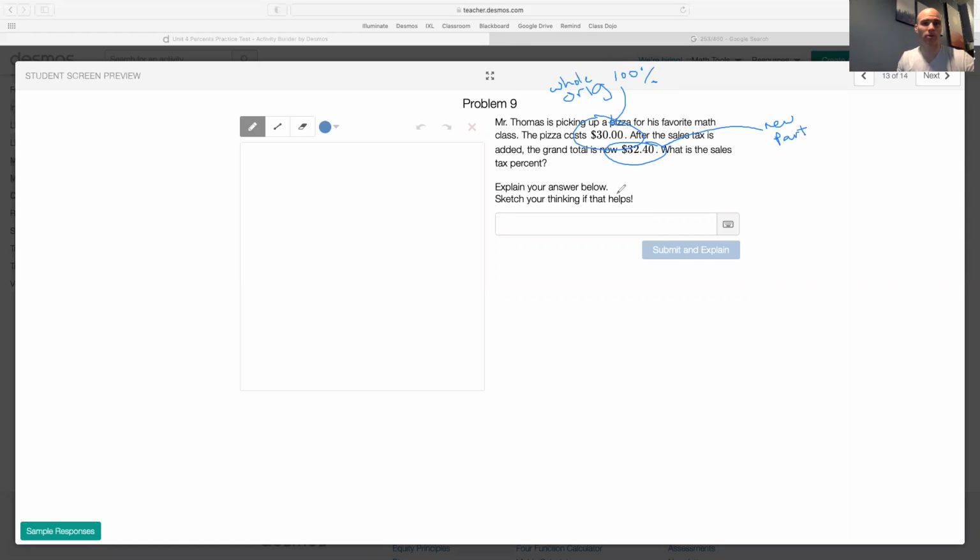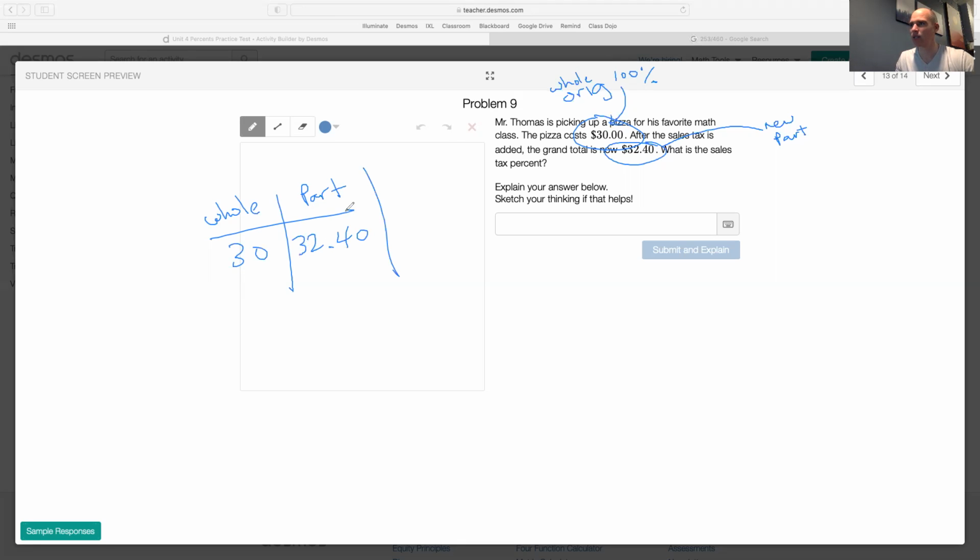And that's the thing we're trying to find in this case, actually, what was this percent increase? We know it's a percent increase because the price got higher, right? It went from 30 to 32.40. And so we could put it in a table like this with our whole and our part, and the whole in this case would be the 30 and the part would be 32.40.